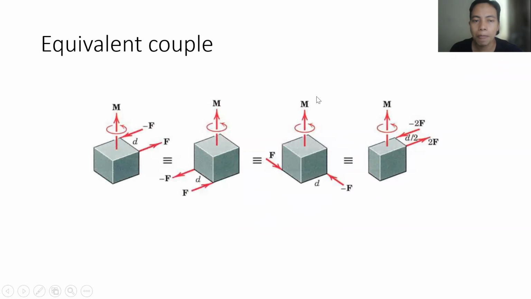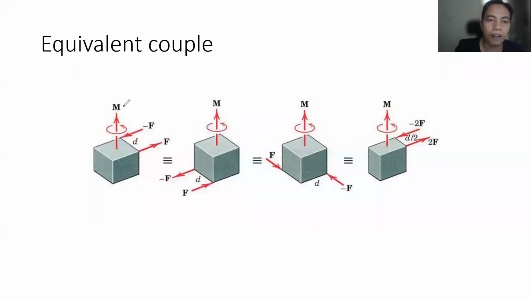Now let's see several different conditions of each block. Here we have 4 blocks with different couples of forces at different locations, at different points of application. But all of them have the equivalent effect.